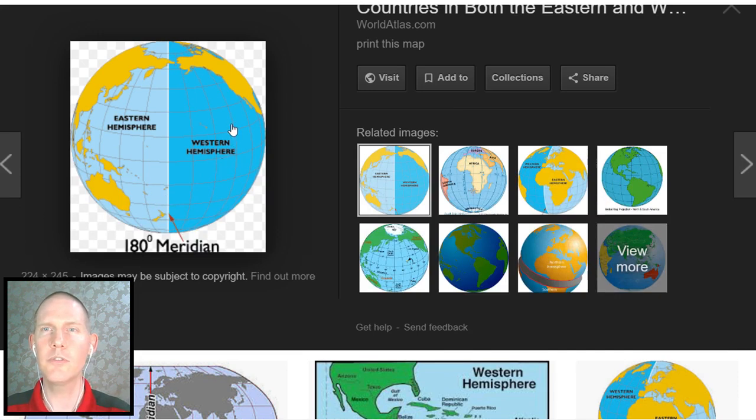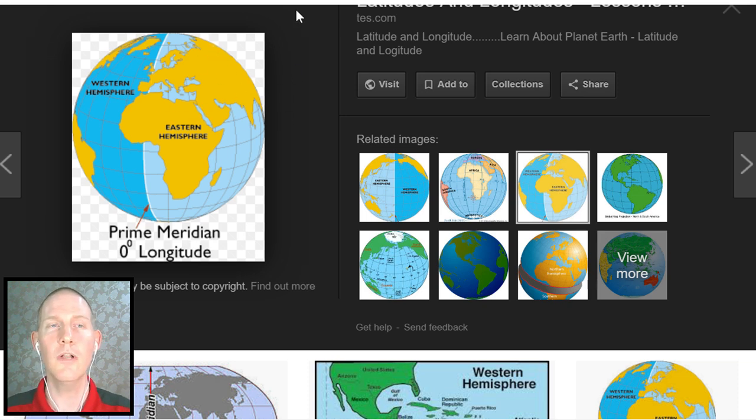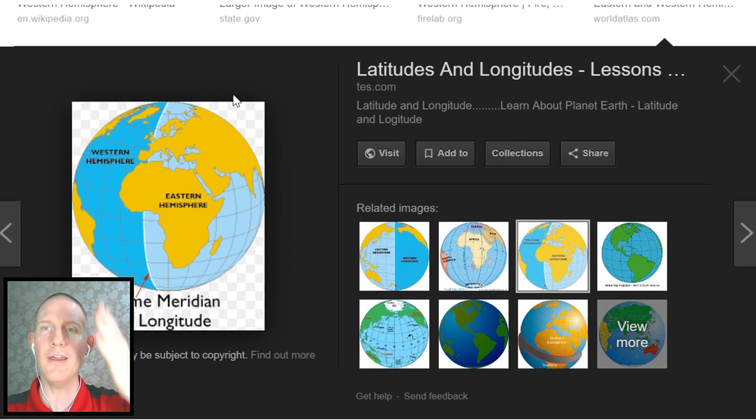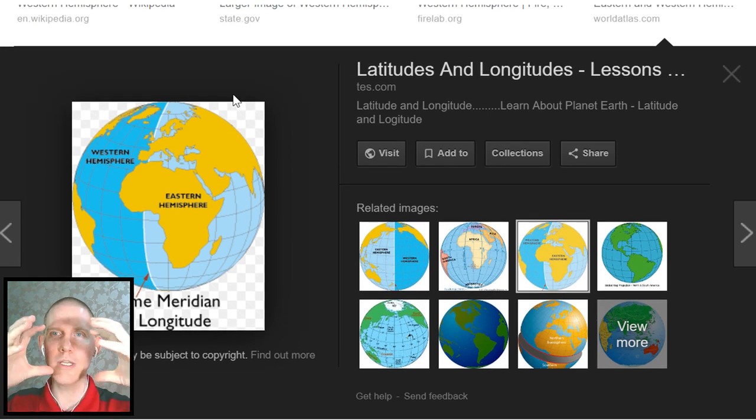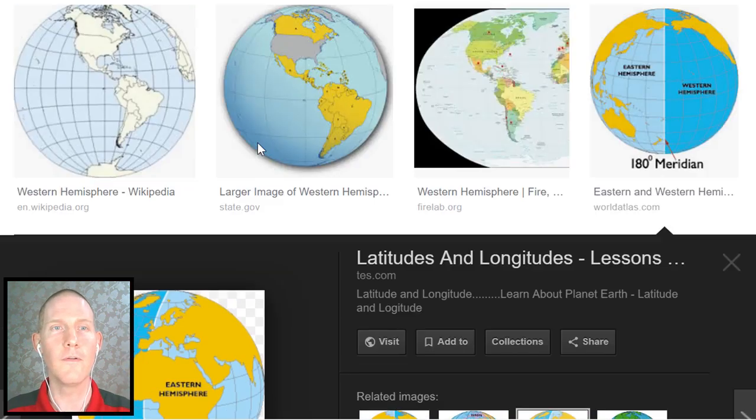Western Hemisphere is usually North America, South America, and I think just a section of Africa. Eastern Hemisphere is Asia, most of Africa, Europe, stuff like that. So a hemisphere is just half, right? So the globe is like a round ball, and a hemisphere would be half of the ball.